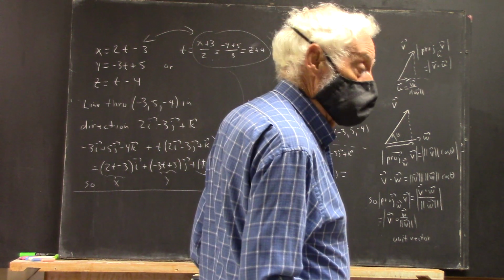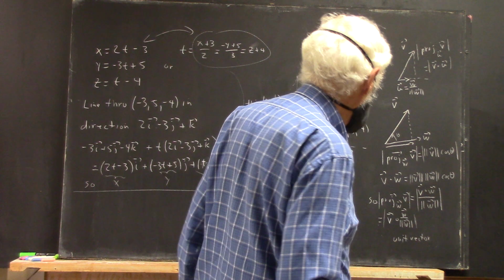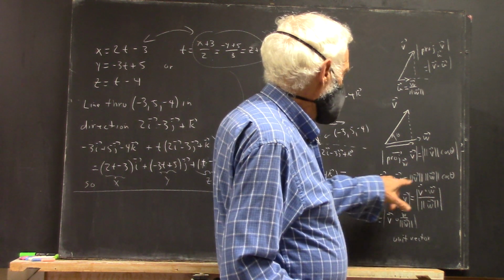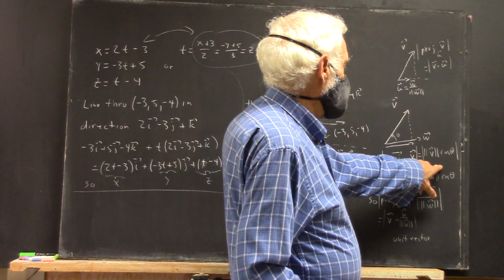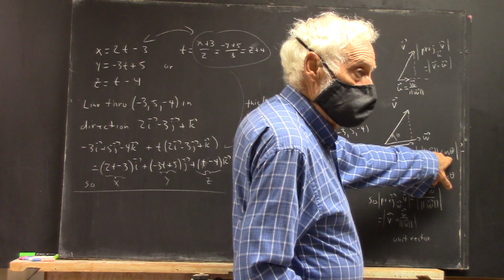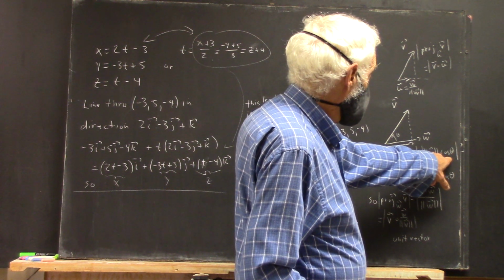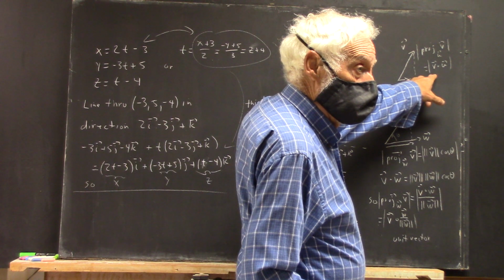The vector projection, you take the scalar projection, but with a sign, cosine theta, and you multiply it by this unit vector.